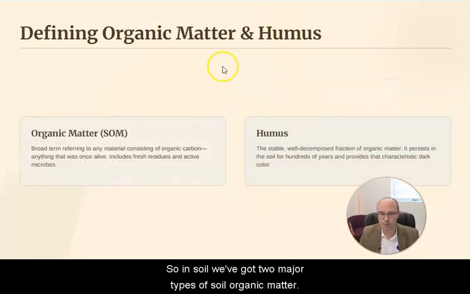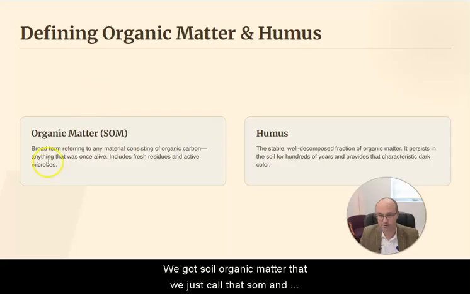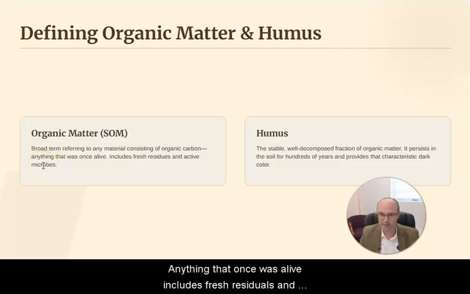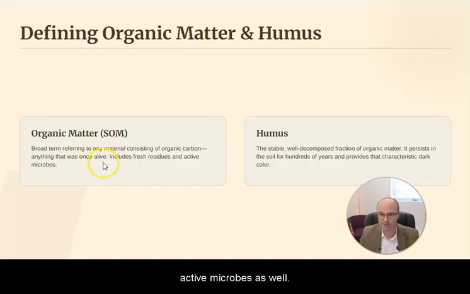So in soil, we've got two major types of soil organic matter. We've got soil organic matter that we just call SOM, and that is a broad term referring to any material consisting of organic carbon, anything that once was alive, and it includes fresh residues and active microbes as well.